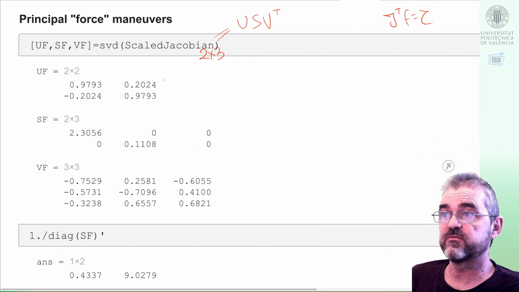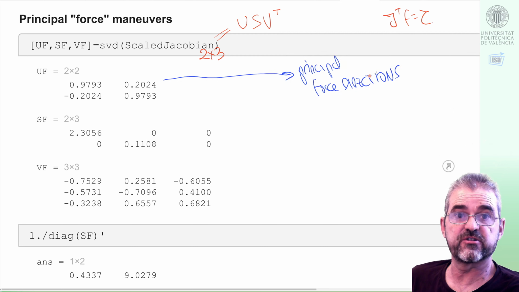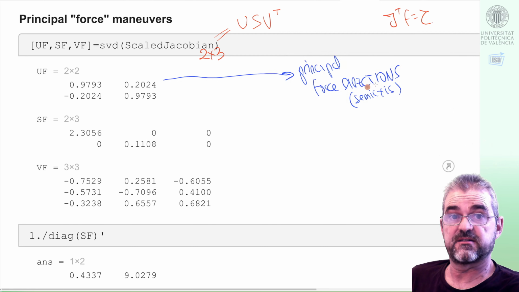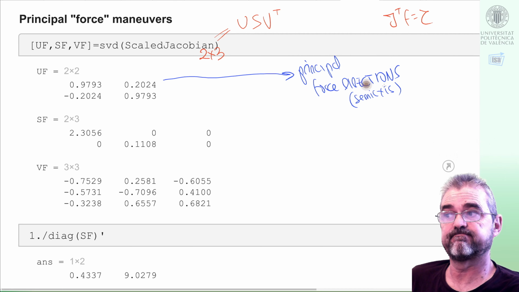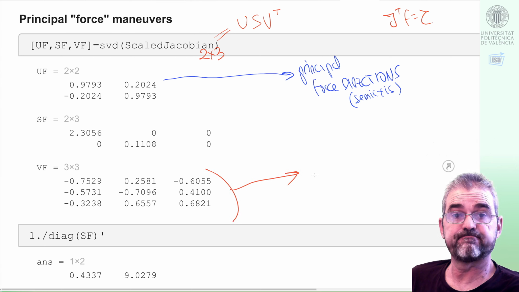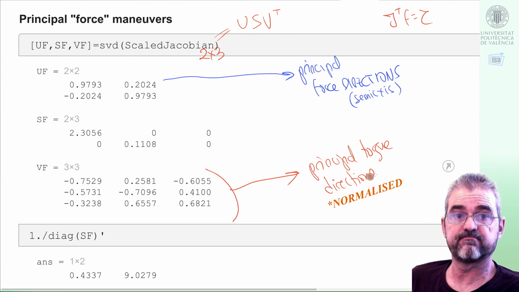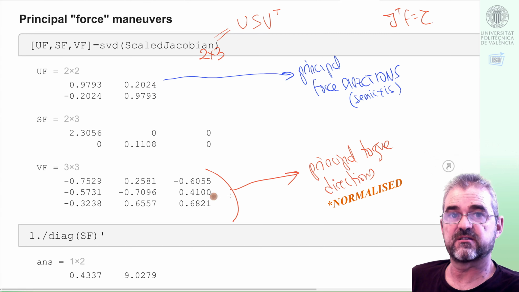The columns of U are the principal force directions, i.e. semi-axis directions. The columns of V are the principal torque directions. They cannot be seen in the figure of the force ellipsoid because it has force units, but we'll discuss in a minute the meaning.